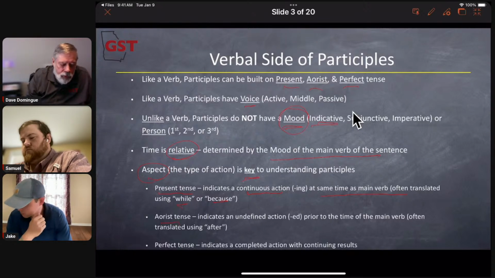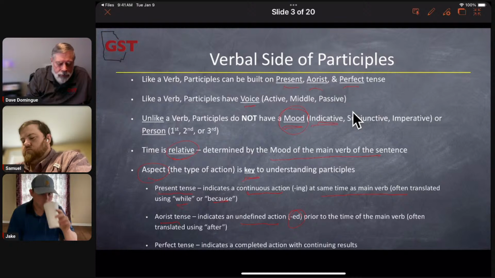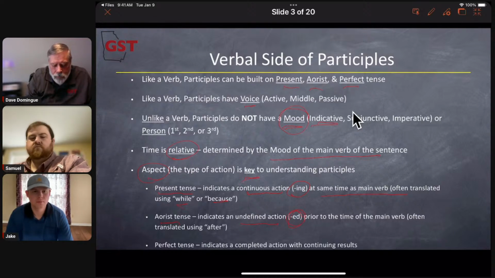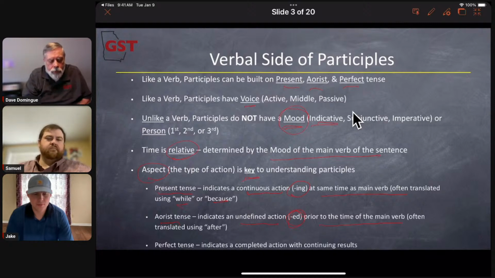If it's an aorist tense participle, then typically it's undefined, or what we would say is perfective aspect. We typically translate it with an "-ed" versus the "-ing" for the present tense participle. The aorist, which is what we're going to spend today on, we'll typically translate with "-ed," and normally as an event that occurred prior to the main verb.